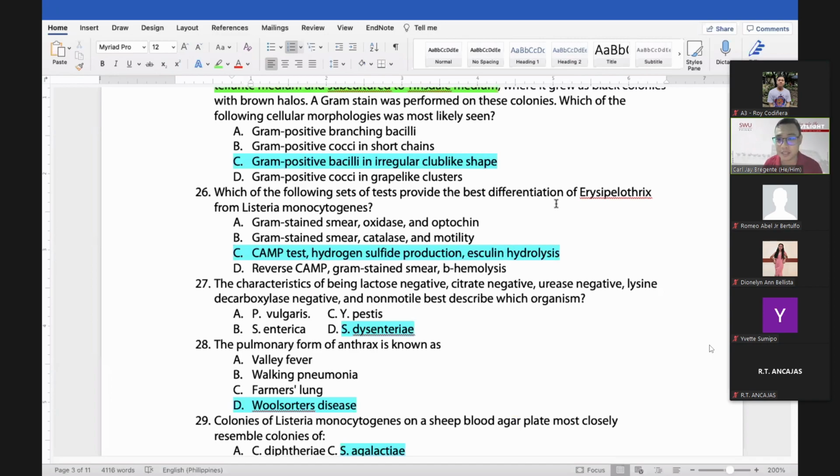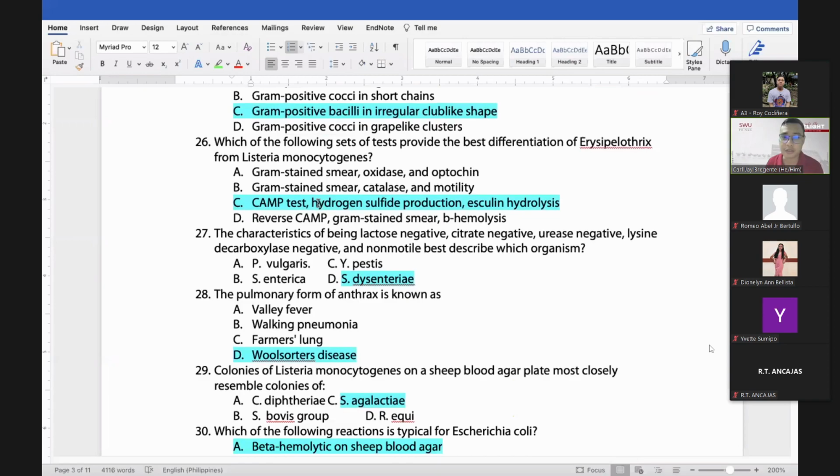The rest of the gram-positive bacilli do not. So this is what you should look at. If hydrogen sulfide production is positive, then that would be Erysipelothrix. CAMP test is negative for Erysipelothrix, CAMP test is positive for monocytogenes. Esculin is negative for Erysipelothrix, esculin is positive for Listeria. So take note, this is the key for the Erysipelothrix organism.